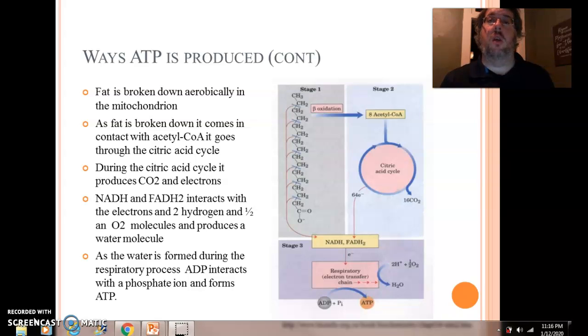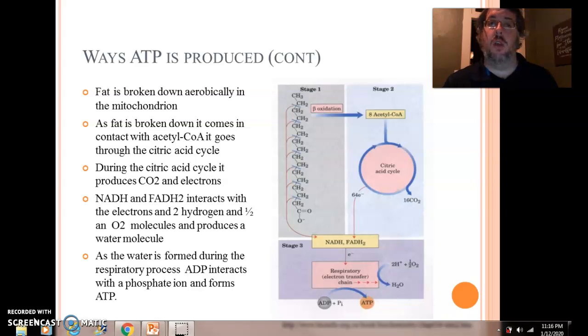it enters a process called the respiratory chain, where it also comes in contact with two hydrogen ions and half an O2 molecule and ADP and a phosphate ion.